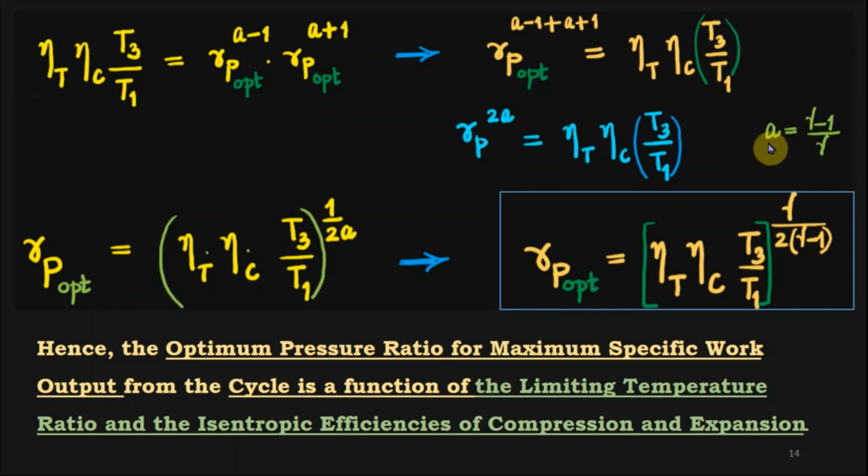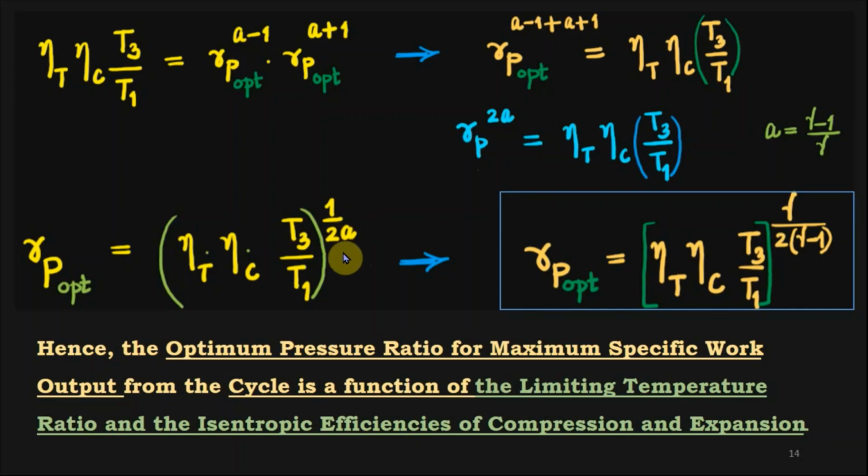What is A? A is equal to gamma minus 1 by gamma. So now you have to find out Rp. Remember, this Rp is Rp optimum. So Rp optimum is equal to, taking this index 2A to the other side, the product of eta t into eta c into T3 by T1, the whole raised to 1 by 2A.